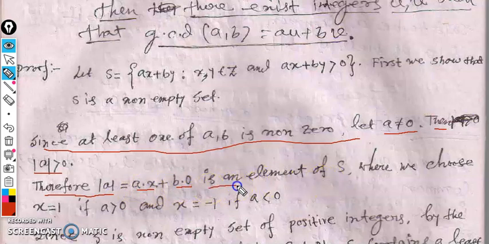That should be an element of S because mod A is a non-negative integer, and this number can be written in that form, ax plus B into 0. If A itself is a negative number, in that case we choose x equals minus 1.